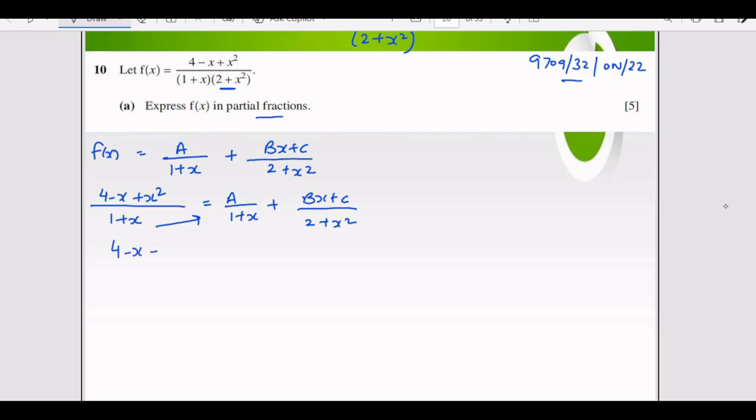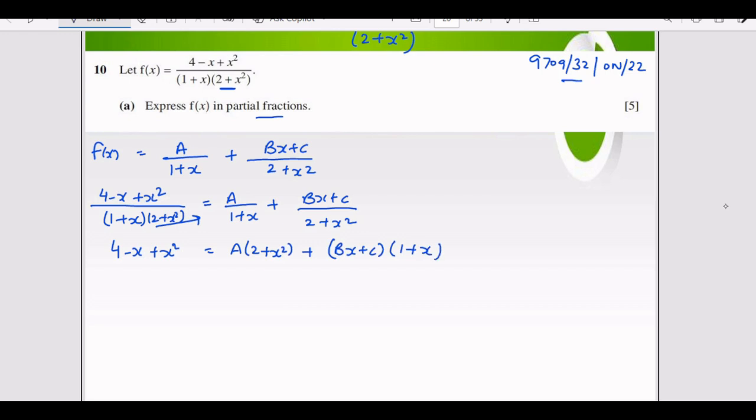So 4 minus x plus x squared will be equal to a into, sorry, I missed this factor here, 2 plus x squared, right? So a will be 2 plus x squared here, and plus bx plus c, in bracket we have 1 plus x, right?